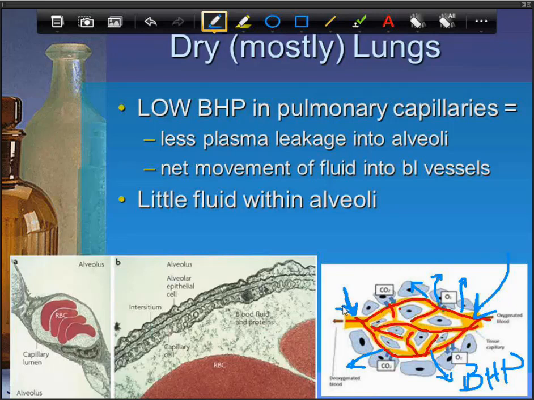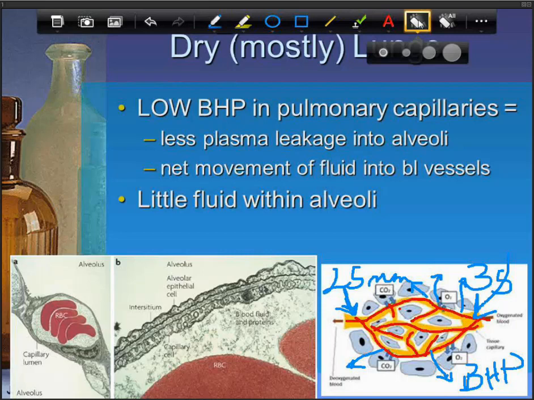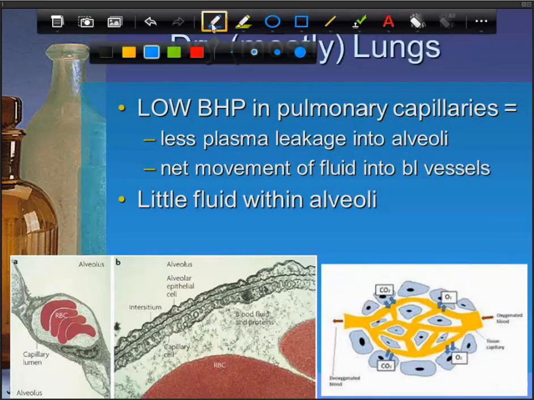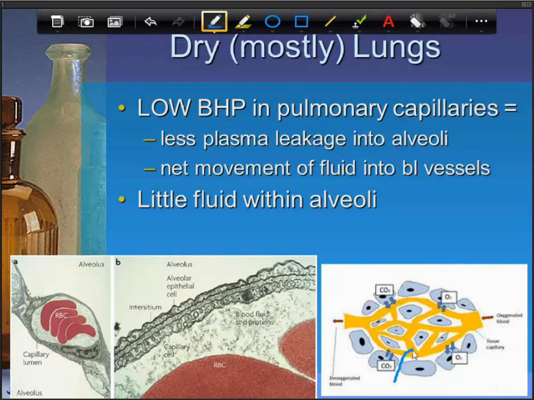All right. It's about 35 millimeters of mercury at this end. It's about 25 millimeters of mercury out here. Okay. Now, that's blood hydrostatic pressure. Now, there's also a force inward. And the force inward is blood osmotic pressure, blood colloid osmotic pressure. And it is trying to suck fluid in.